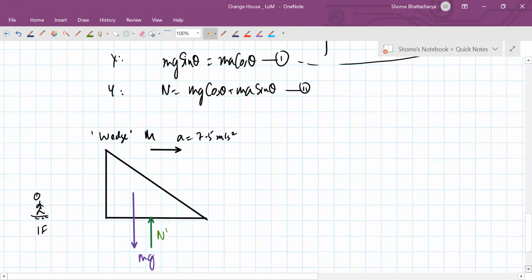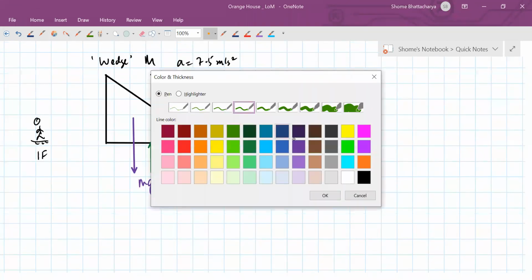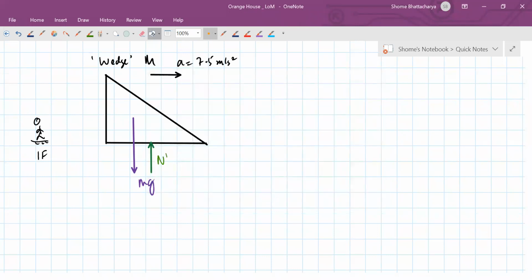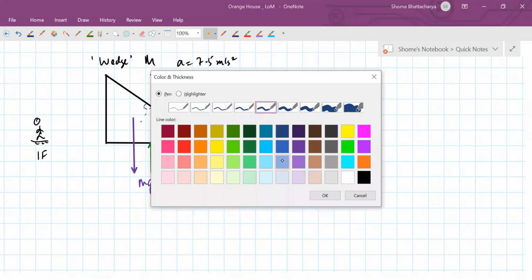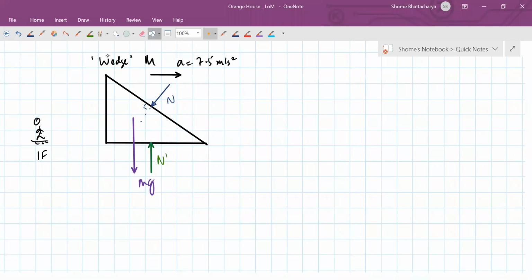So this force also is acting, which we'll have to consider, because we are taking the free body diagram of the wedge only. There is this force which is acting on it along this perpendicular direction, and that is N. And finally there's the external force that we are applying, this.